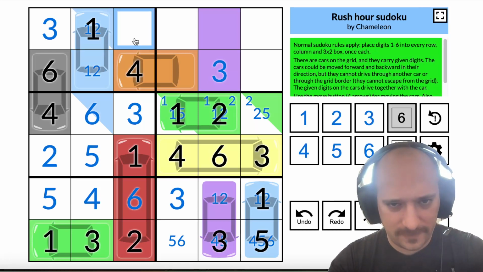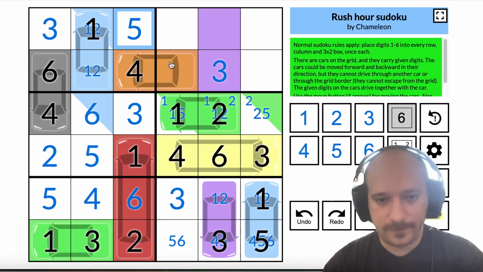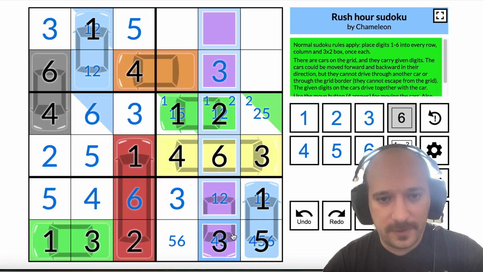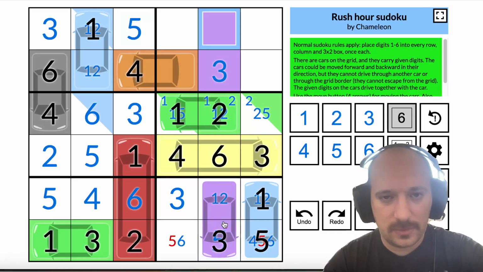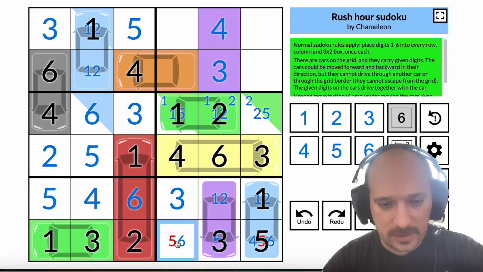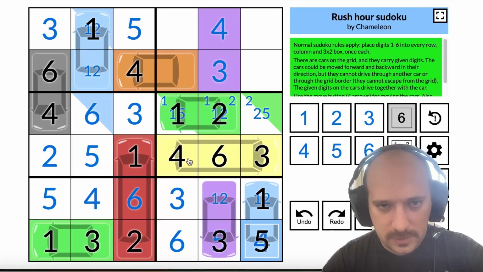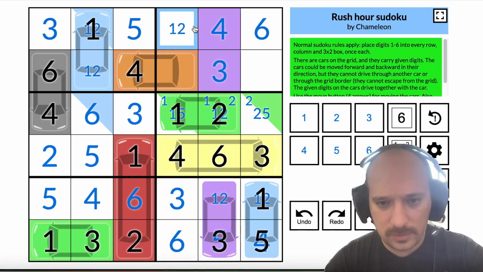This one looks like a 5 to me. Okay, the 5 in this column goes just here, so this one's a 4, which makes total sense. So 6, 4, so the last 6 goes here. That's 1, 2.